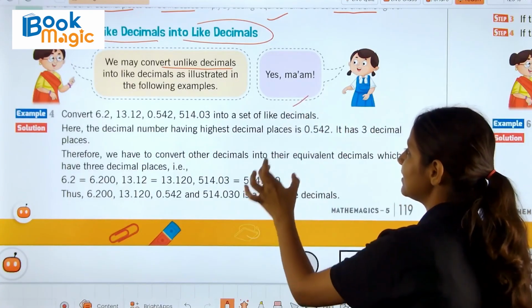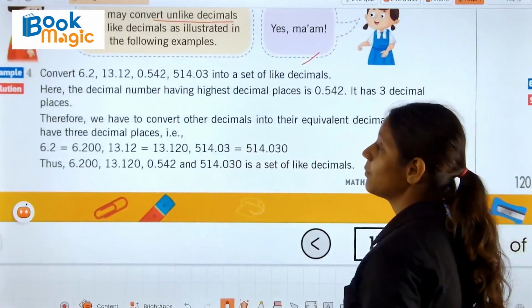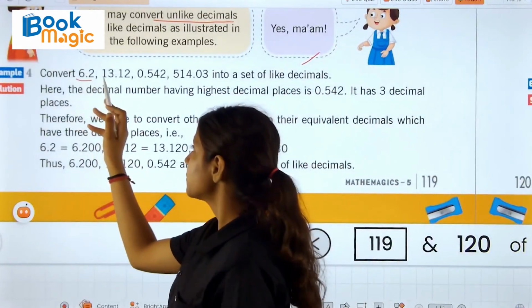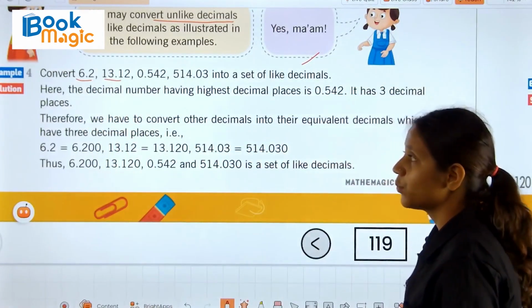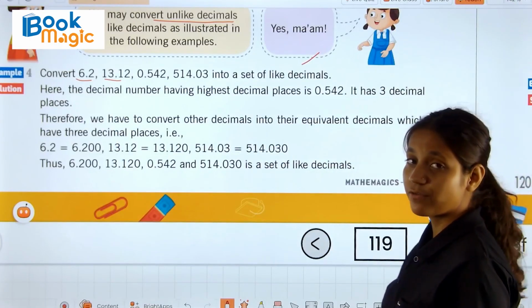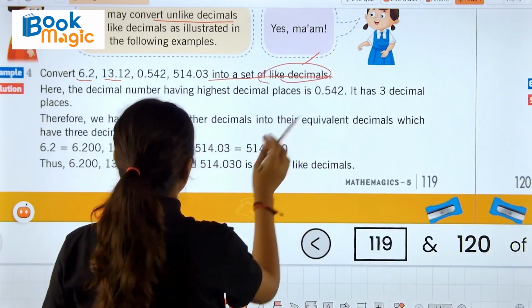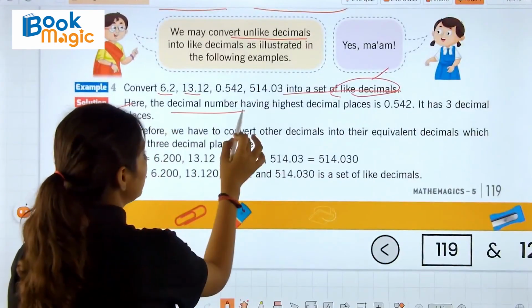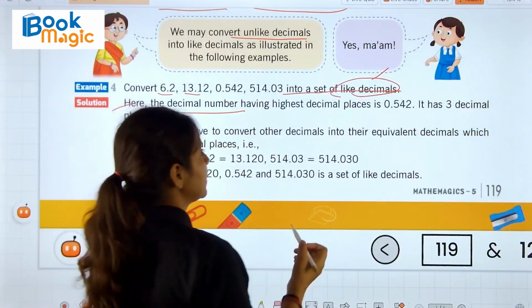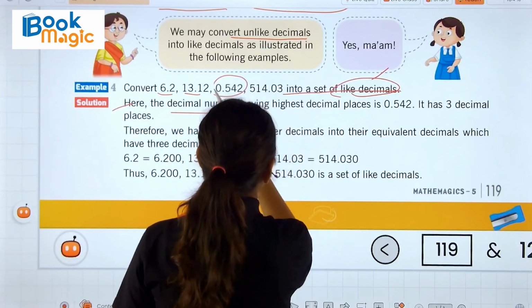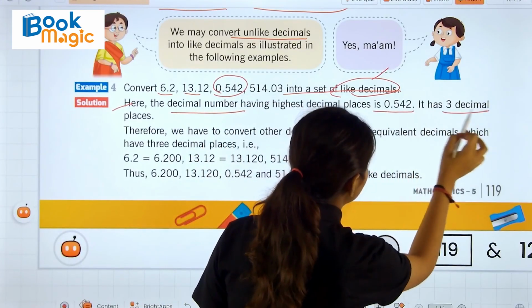Students replied, yes ma'am. Example number 4: convert 6.2, 13.12, 0.542 and 504.03 into a set of like decimals. Here the decimal number having the highest decimal places is 0.542. It has 3 decimal places.